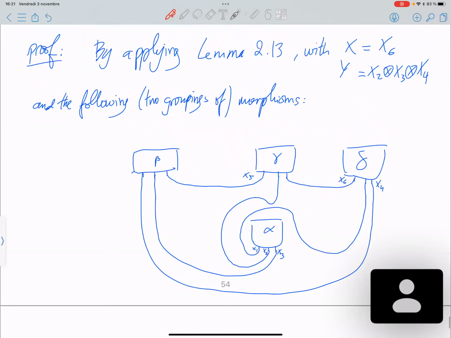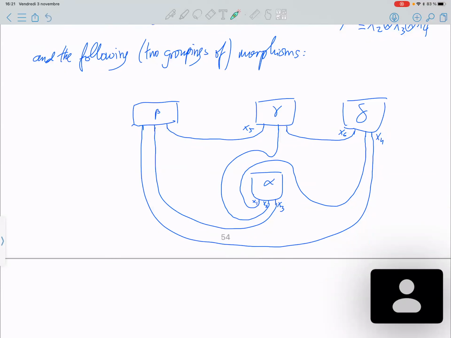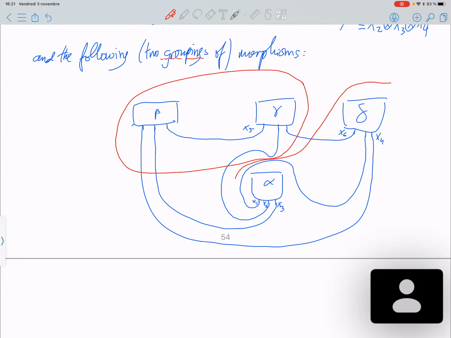And we want 2, 3, 4. 2, 3, 4 are here. So the grouping is the following. Like that. And like that. So here, 2, 3, 4.